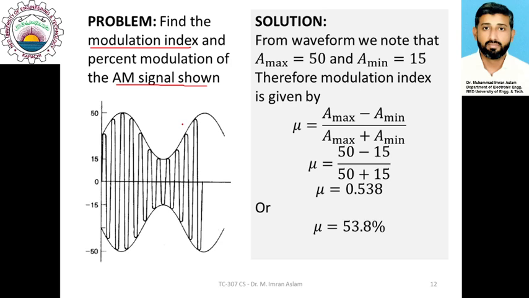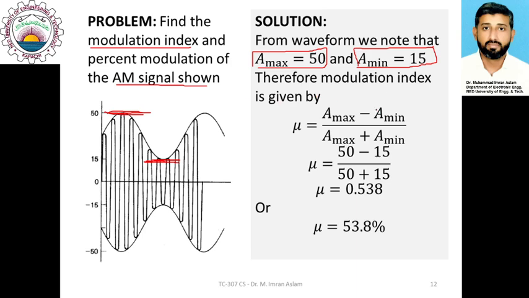In order to calculate the modulation index from the waveform, what we need to observe is the maximum attained amplitude and the minimum attained amplitude of this waveform. So you can see that from here we see that the maximum value of the amplitude A max is 50, whereas the minimum attained value A minimum is 15.